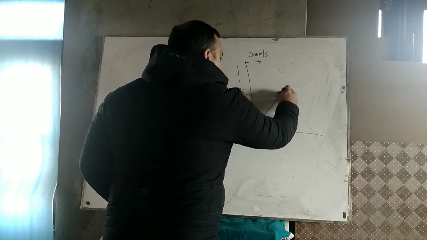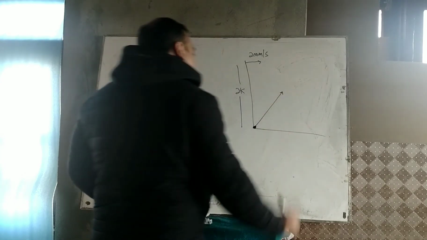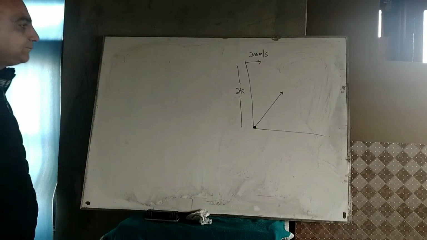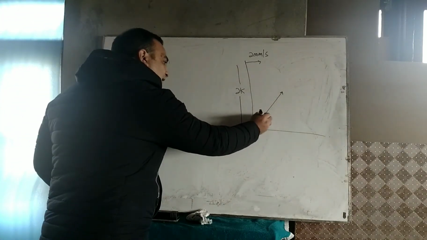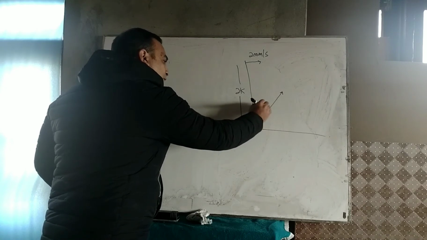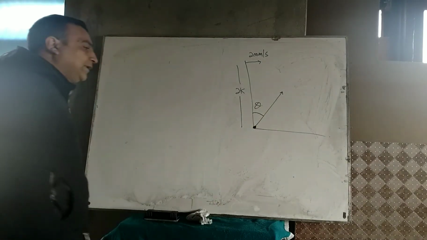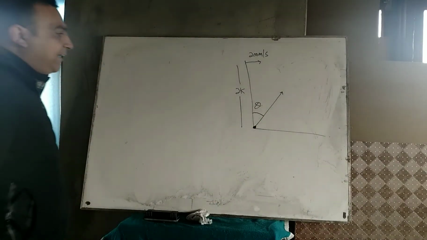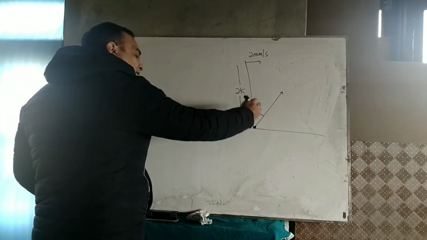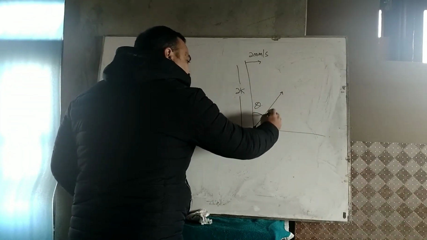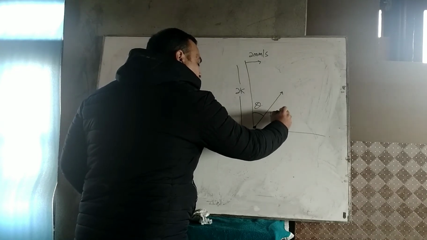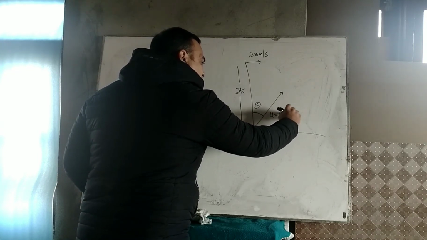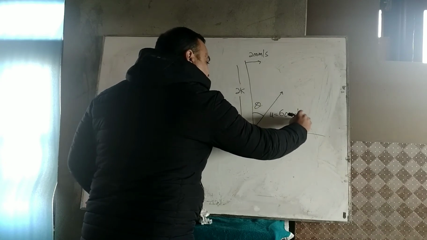We have to shoot the bullet from this gun, making some angle theta with the vertical, and we shoot the bullet with a muzzle speed of 600 meters per second.